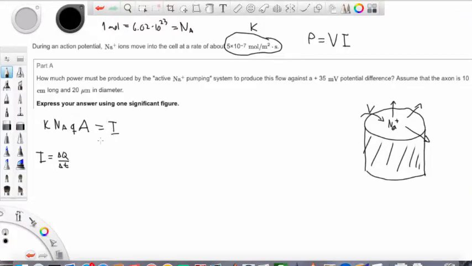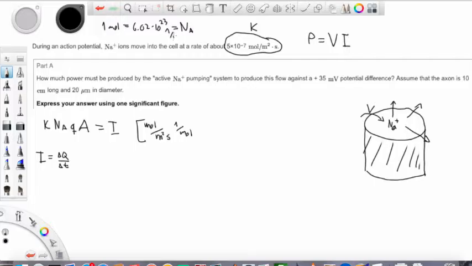Just to be sure that this is really current, let's check the units. So units of K are moles per meters squared per second, and Avogadro's number is 1 over mole. So we have 6 times 10 to the 23 particles per mole.